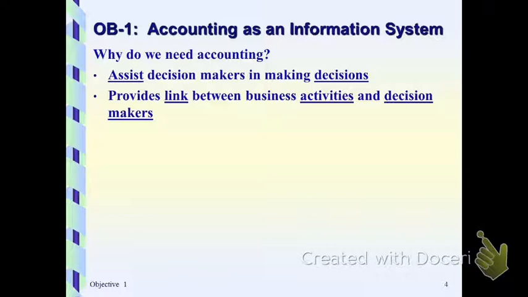Accounting supplies information to decision makers that they need to make reasoned choices among the alternative uses of the scarce resources that a business has, in order to conduct their business and ensure economically satisfying business activities.